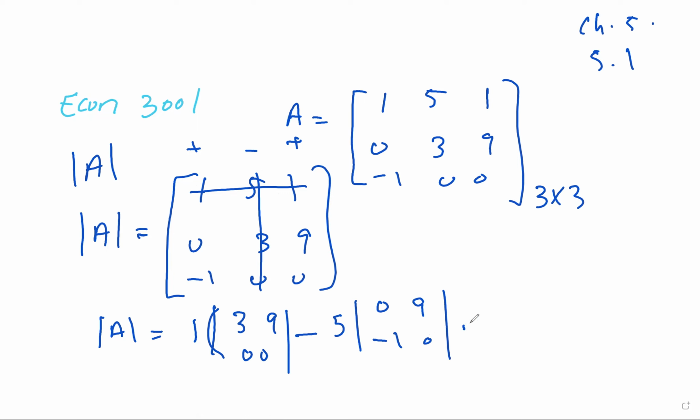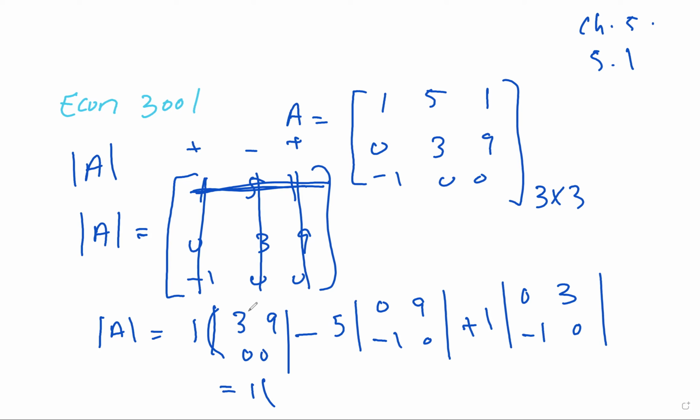Then sign plus, 1 times. We cover this, and we have 0, 3, minus 1, and 0. So each time, you take the first row entry, block its row and column, and take the remaining numbers. This is how we calculate the determinant.